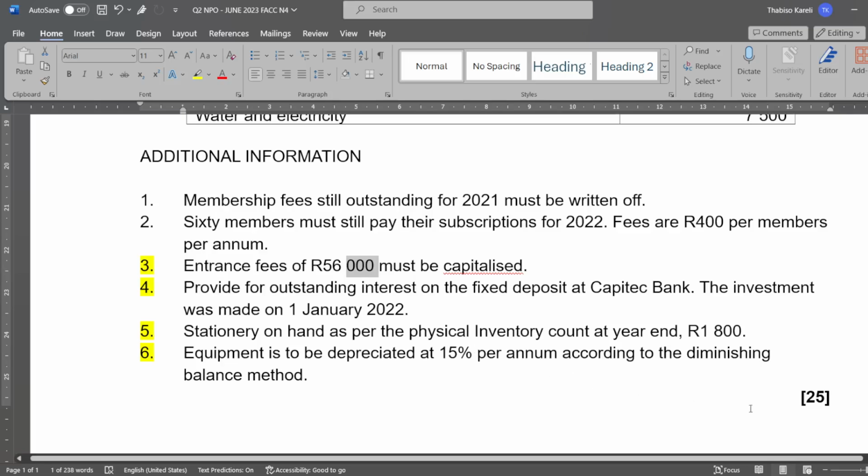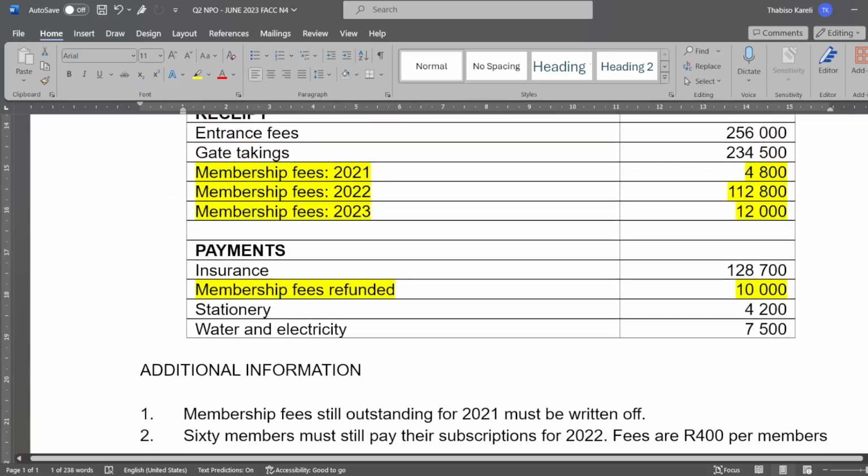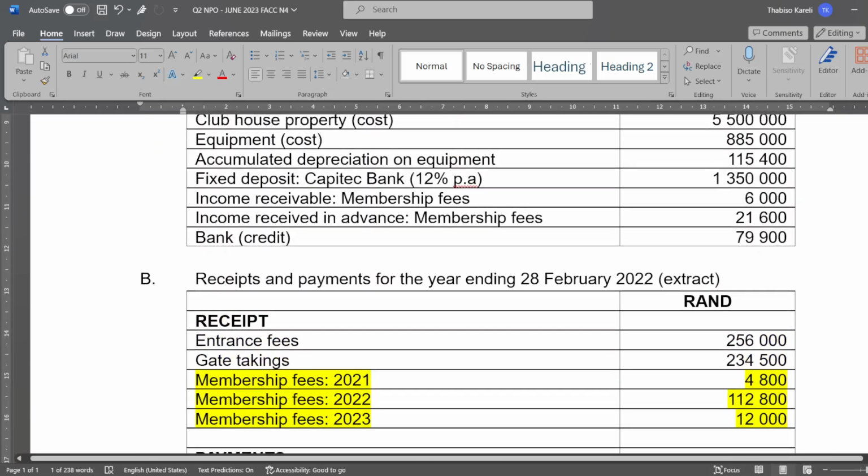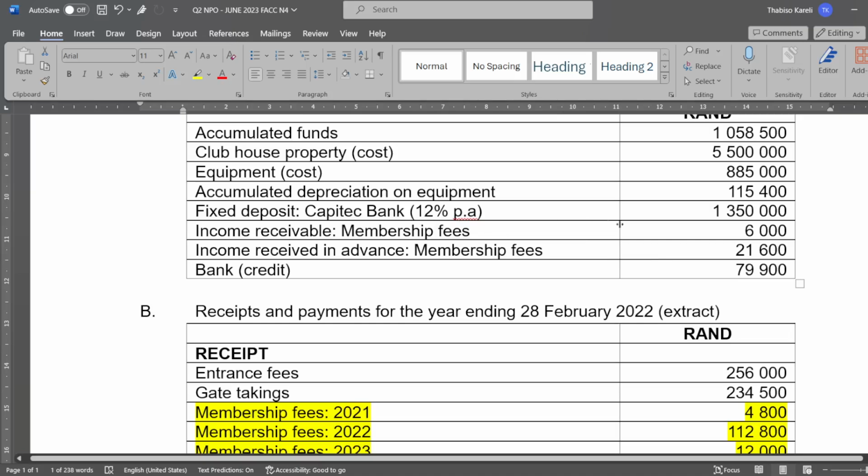Now, what do we do? We go back to our opening balances, looking for the fixed deposit. It's 1,350,000 with an interest rate of 12% per annum.